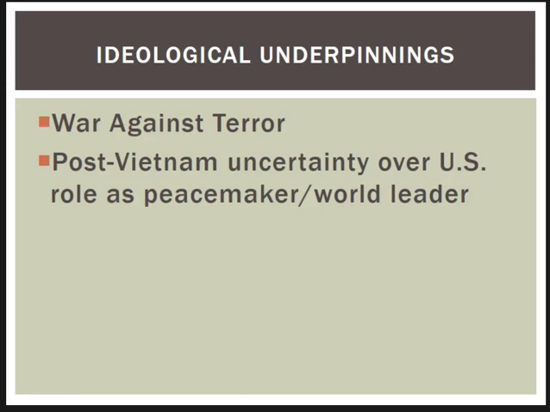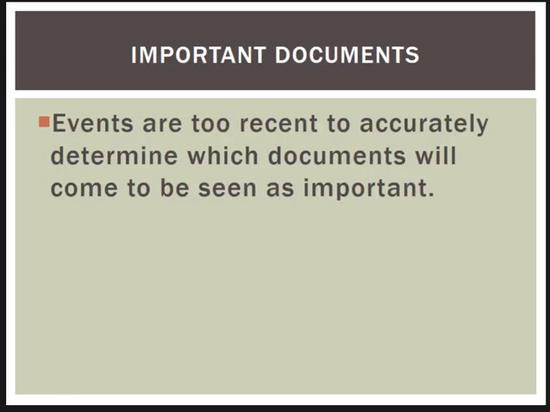And so there is a lot of uncertainty, and it continues even down to today, when you could see elements of things that look very much like the anti-war movement in Vietnam in reaction to the wars against Iraq and Afghanistan that President Bush got us into in the very early 2000s. Important documents, well, can't really tell you at this point. It's just too new.